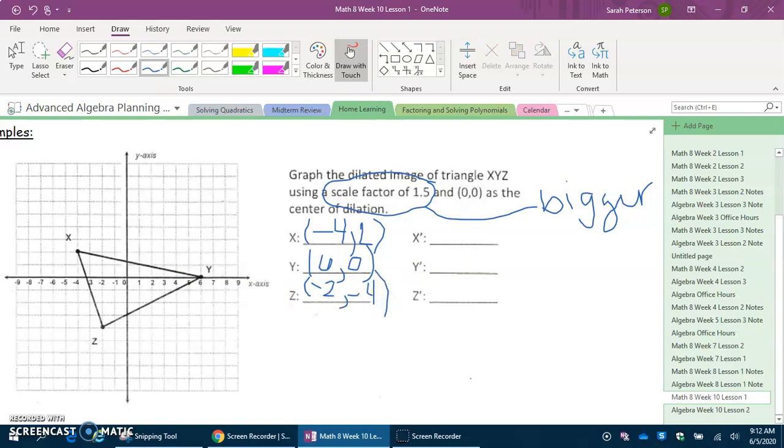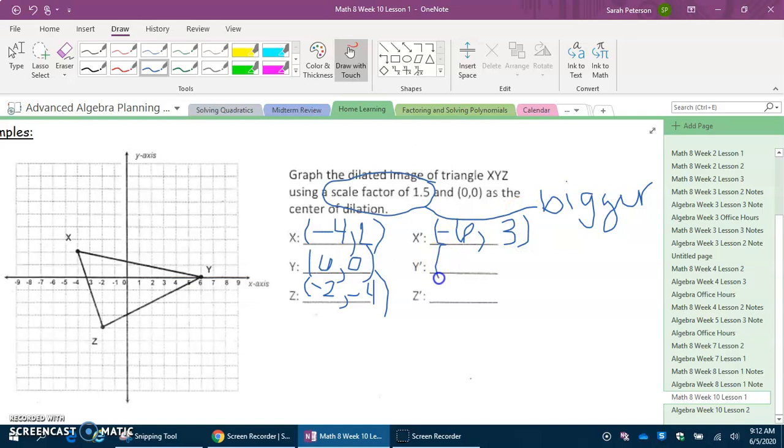And now that I have those pre-image coordinates, I can actually just take each coordinate and multiply it by the scale factor. So I'm going to take -4 in x, and I'm going to multiply it by 1.5 using my calculator, and I'm going to get -6. And then I'm going to take 2 and multiply it by 1.5, and I'm going to get 3.